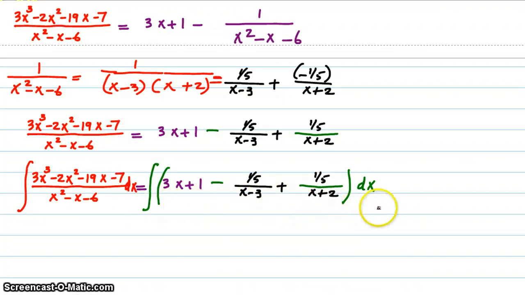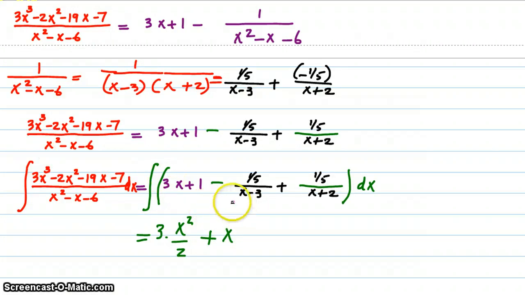And this is fairly easy to integrate. So let's integrate each term here. We have 4 terms, 3x, 1, this term here and this term here. Integrating the first term, 3x dx, would give you 3 times x squared over 2. Integrating the next term, 1 times dx, that would give us x.